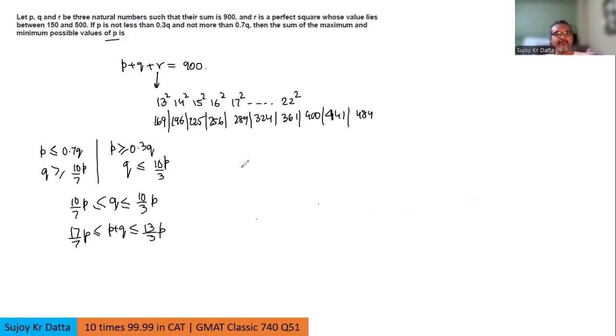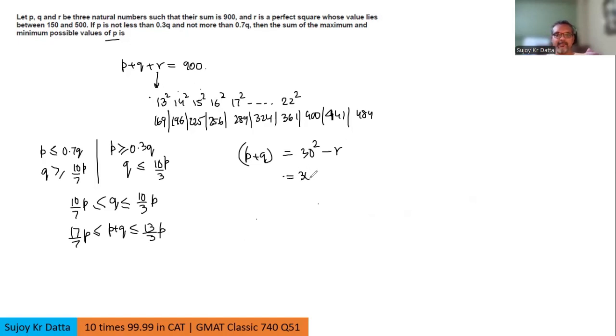Now, what we have is P plus Q, whatever that is, plus R, which is basically one of these squares, 13 square, 14 square, and so on, is equal to 900. So P plus Q is 30 square minus R. So 30 square minus R, we'll put 13 square or 14 square or 15 square. So we can use A squared minus B squared.